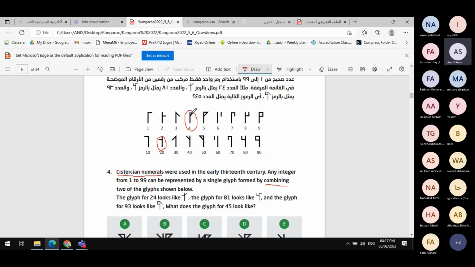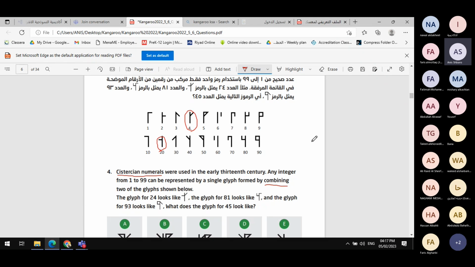I can see clearly that this line and this line are merged, so we draw it once, and this symbol stands for 20, and adding that symbol stands for 4. That's why we obtained this shape. So what does the glyph for 45 look like?